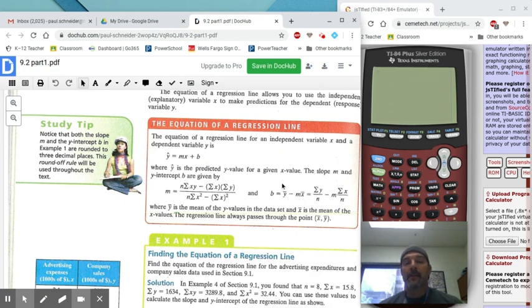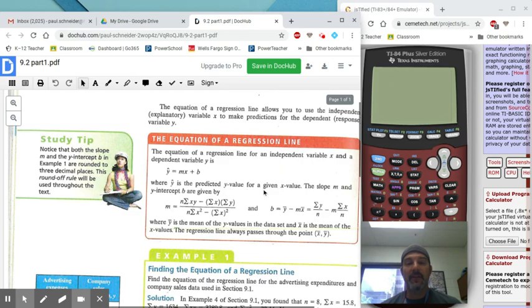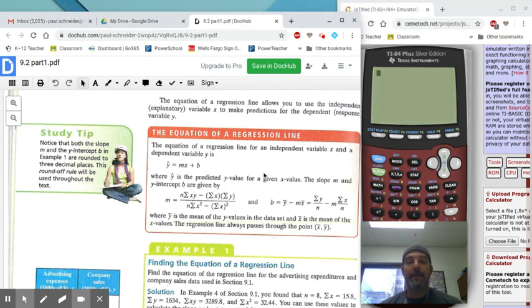So we're going to skip right to page 514, because the page before talks about the line of best fit, the regression line, and in stats we say the sum of the squares of the residuals is at a minimum.